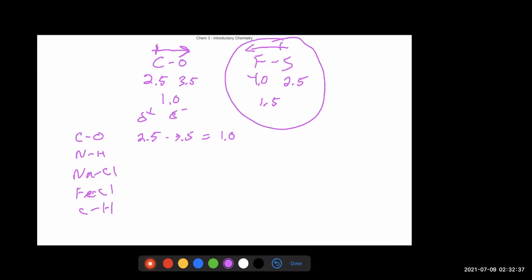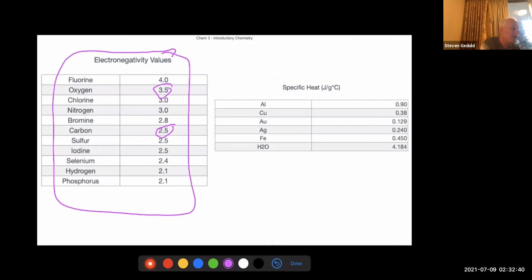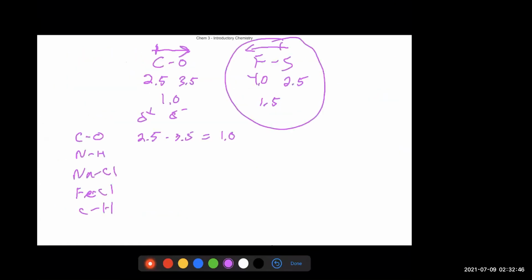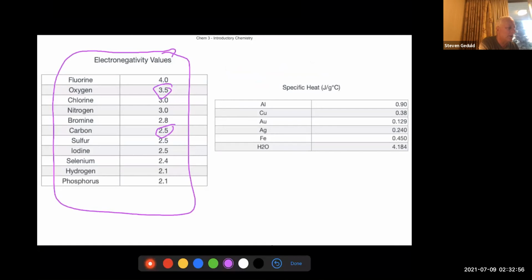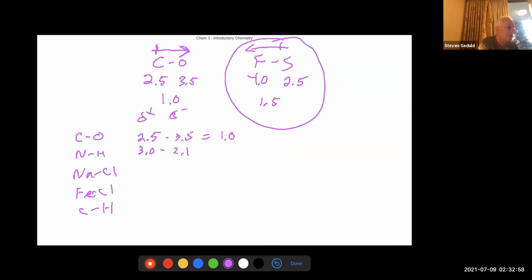Okay, nitrogen and hydrogen. Nitrogen is 3.0. Hydrogen is 2.1. So 3.0 and 2.1. Okay, sodium and chlorine. I don't think I have sodium in my chart, but they'll have it on there. So let's do sodium is 0.9. Chlorine is 3.0. Difference is 2.1.